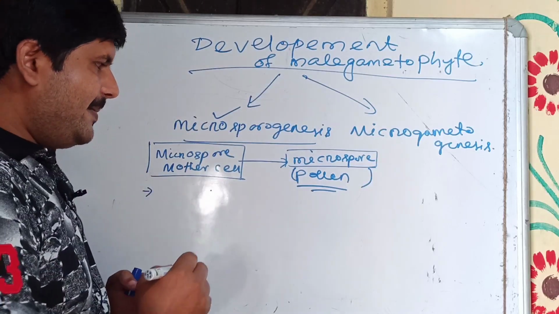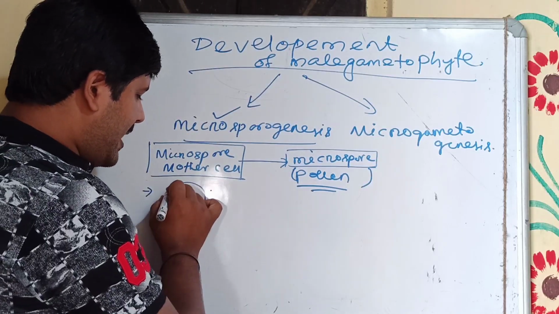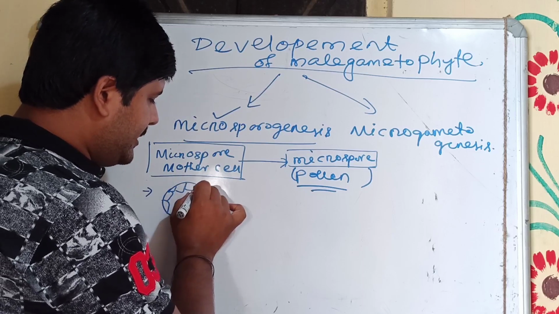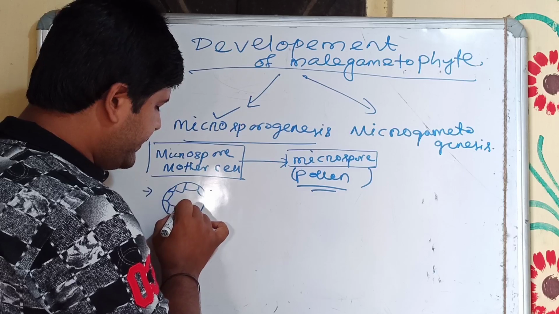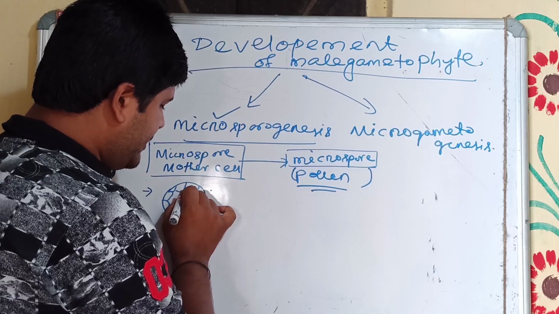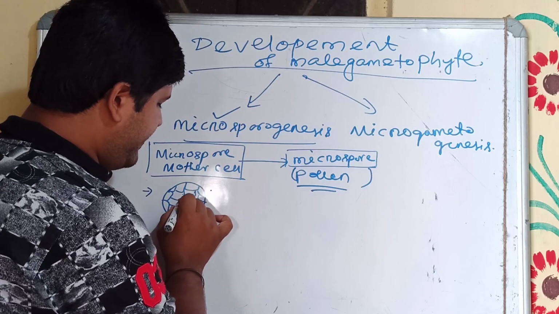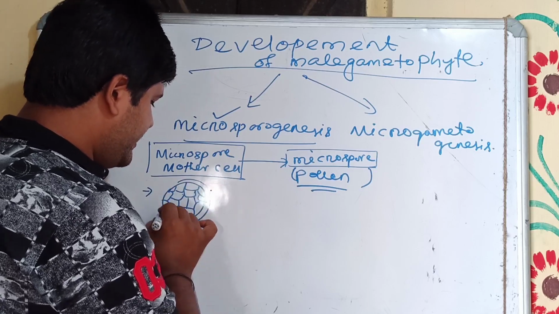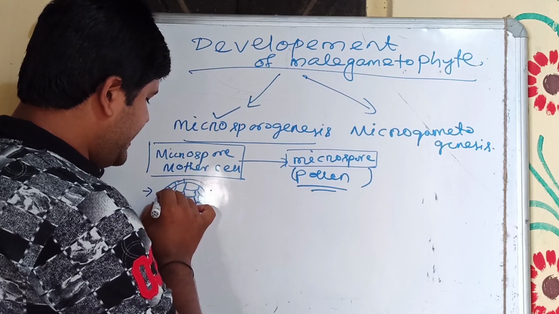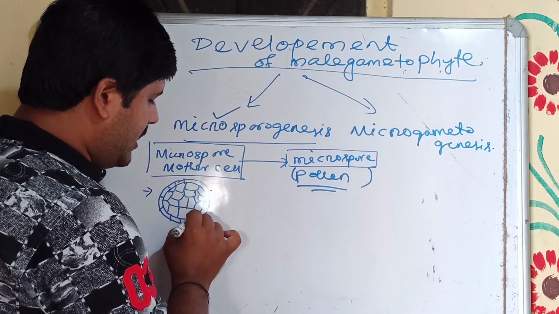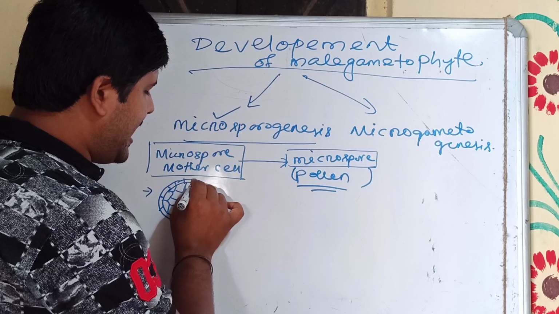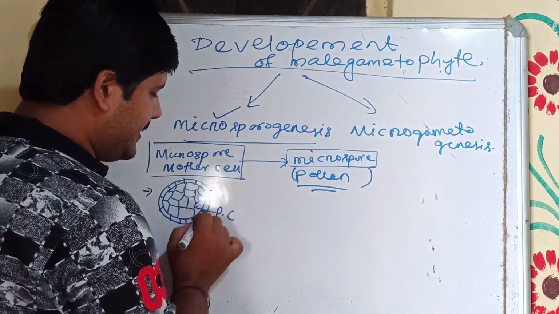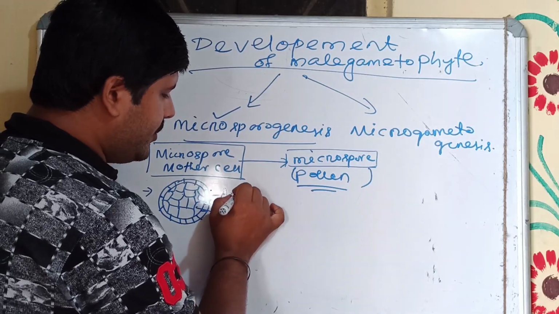Okay, what happens in this step? In the first step, the anther contains a thin wall. The anther is nothing but a mass of parenchymatous cells surrounded by an outer covering, that is known as epidermis. So in the early stage, the anther contains a large number of parenchymatous cells. This is the anther wall.